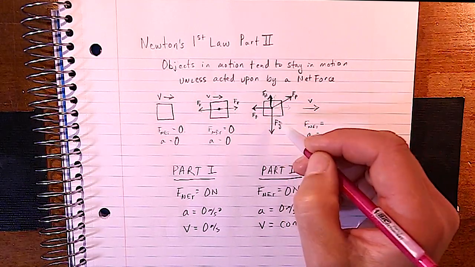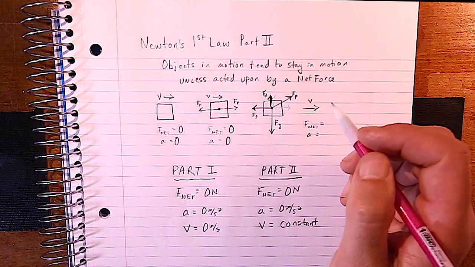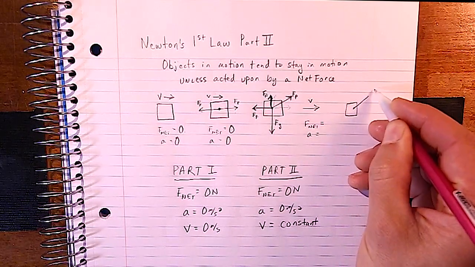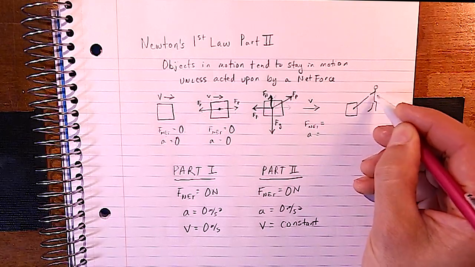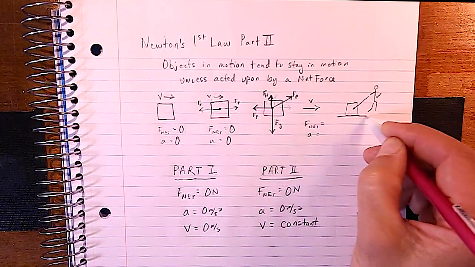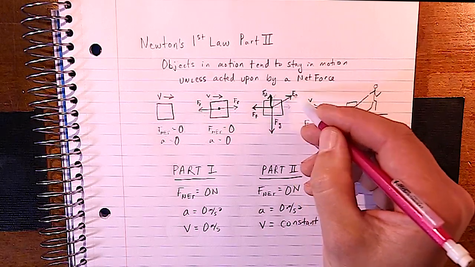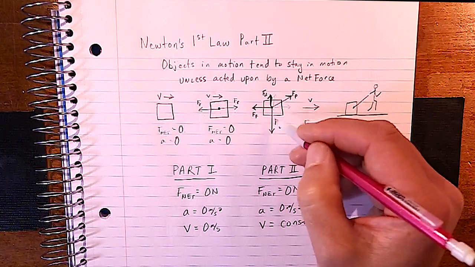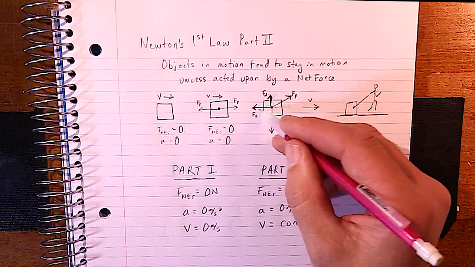This is an example of a block that's sitting on a flat surface and it's being dragged. So perhaps that could be a block where there's a person and they're walking and they're dragging this block along the floor like that. So the person's pulling with a force like this. The force of gravity is pulling down on the block. The table is pushing up on the block, and friction is acting back.